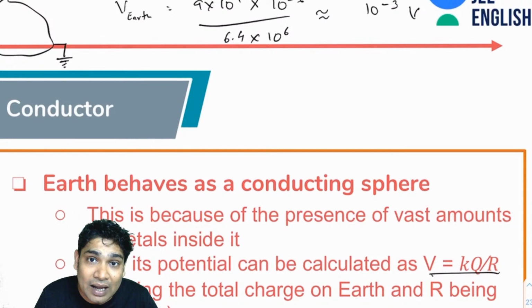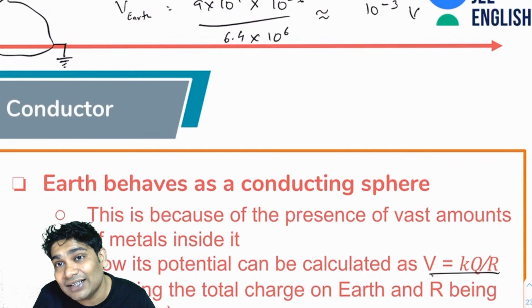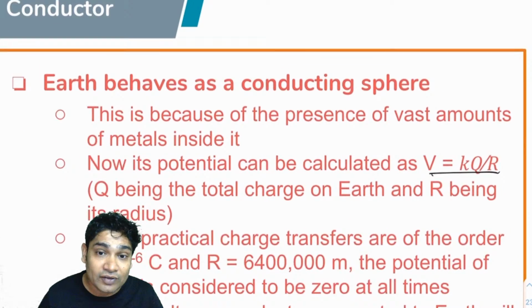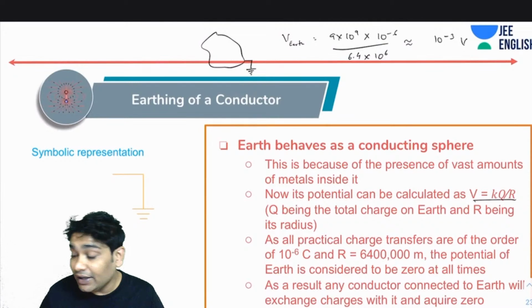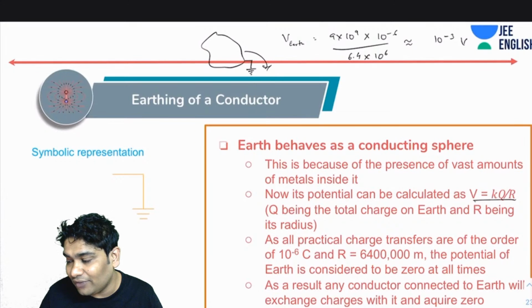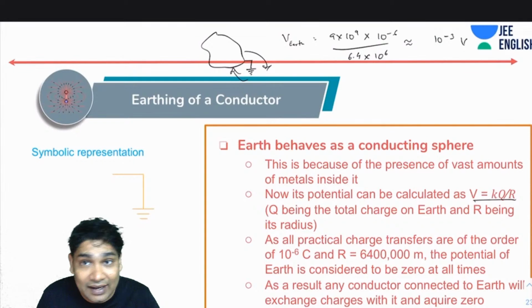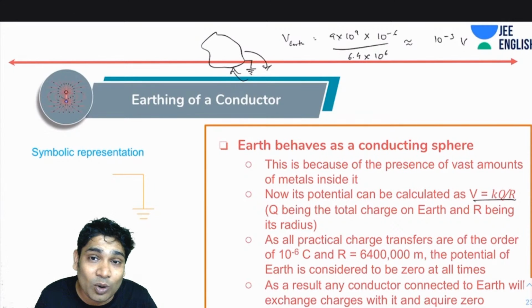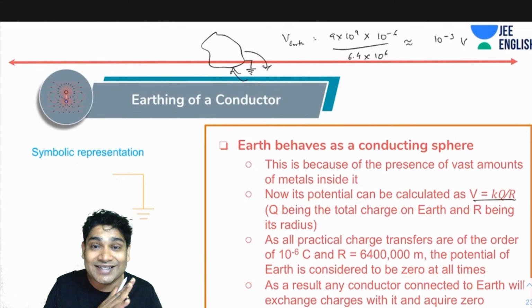And practically, I need a reference point also for potential. So that is why we treat the potential of Earth as 0. And we can consider that the potential of Earth never changes also. Even when I earth these metals, charges start flowing from this to Earth or from Earth to this. Even after any such charge transfer, the net charge on Earth would still be in microcoulombs, and owing to the large radius of Earth, the potential of Earth can always be considered to be 0.